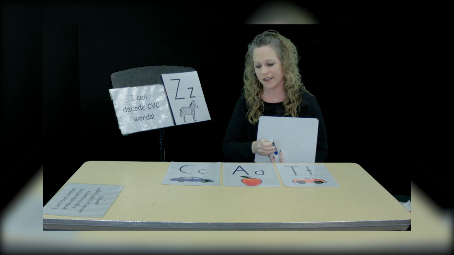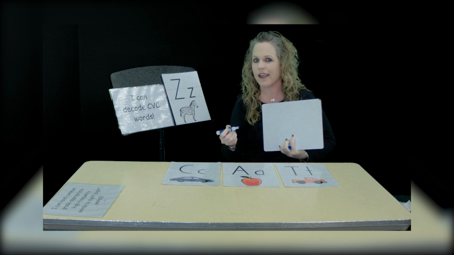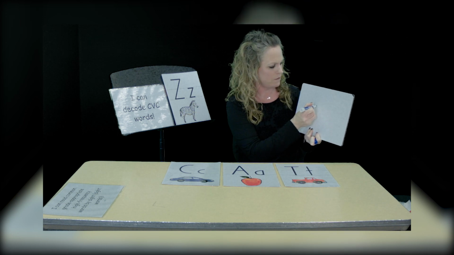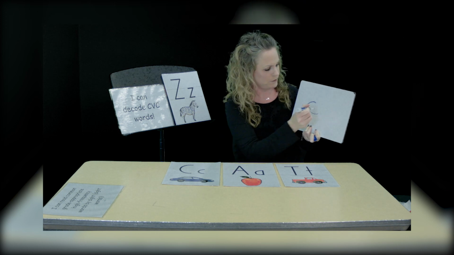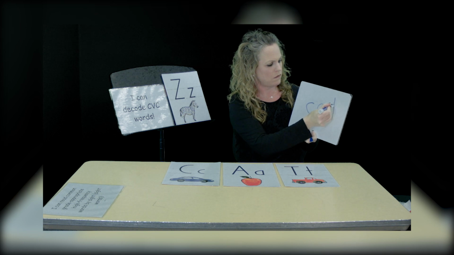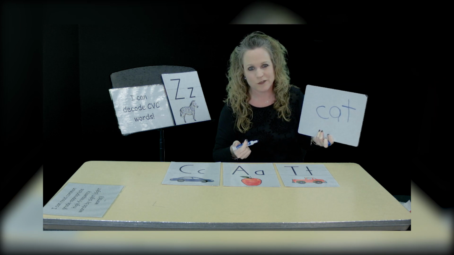Super fun to do with kids is to take CVC words, tell them the sounds, and then have them write it. So if you said k, then you could write the letter C, and a, and t, and then have them repeat it. Super fun too, to draw a picture that goes with it.